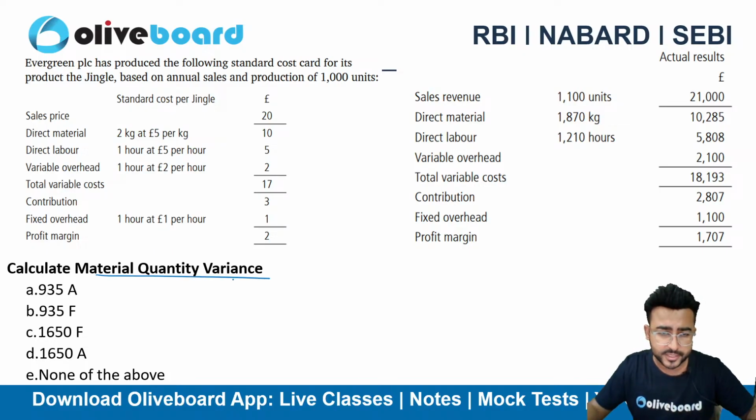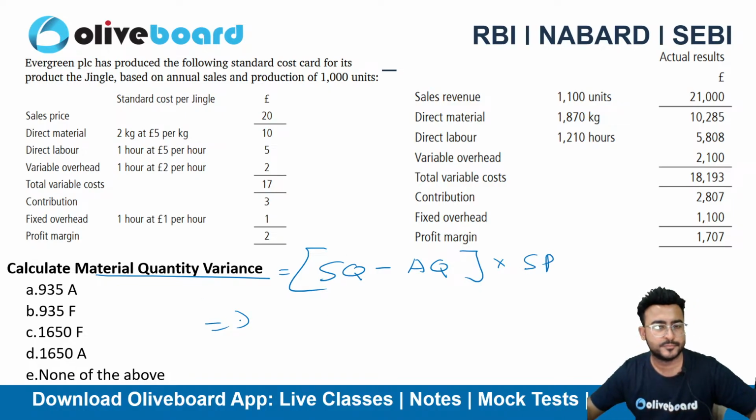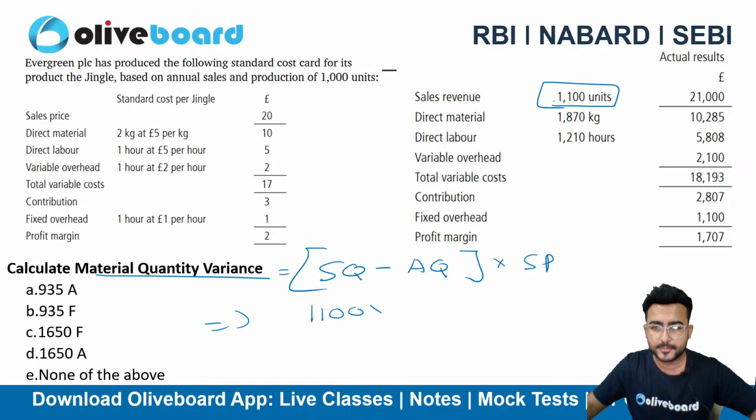Next, you need to calculate the material quantity variance from the same question. The formula to calculate material quantity variance is standard quantity minus actual quantity multiplied by the standard price. What is the meaning of standard quantity here? I need to produce actually 1100 units as output. What is the standard quantity? 2 kg per unit is the standard quantity that I need.